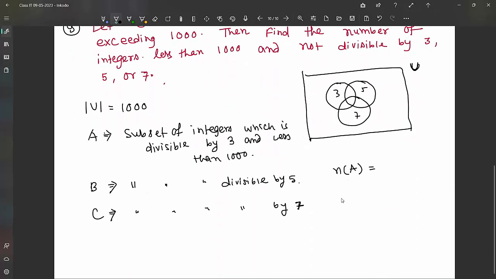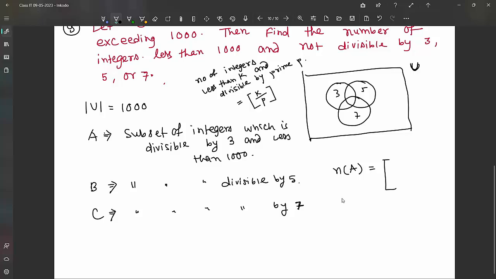So there is a formula for finding that. The number of integers less than k and divisible by a prime number p is equal to the floor of k by p.